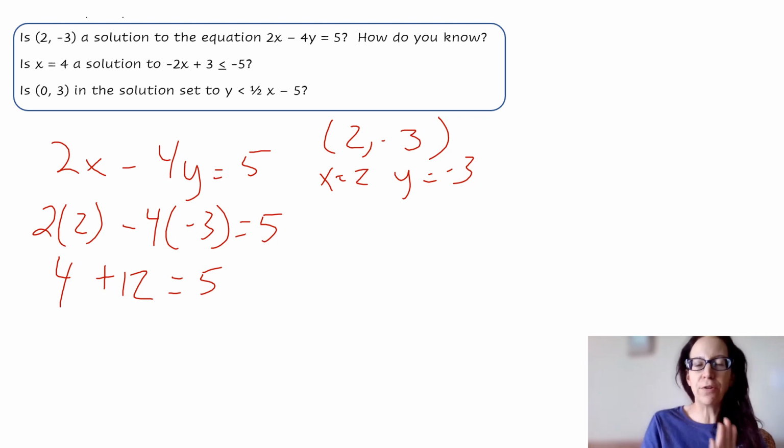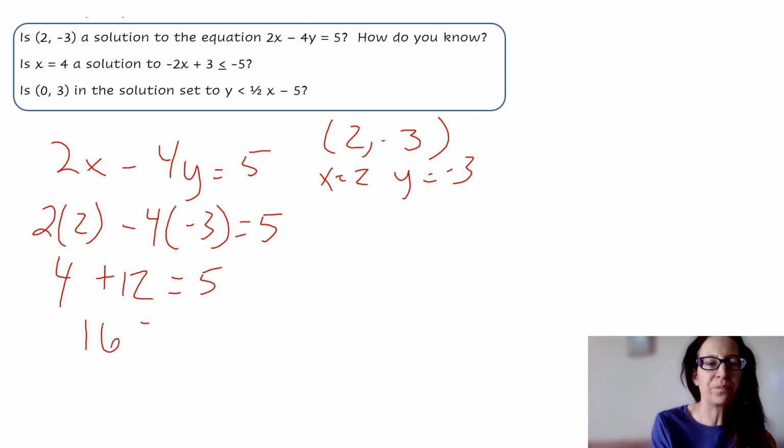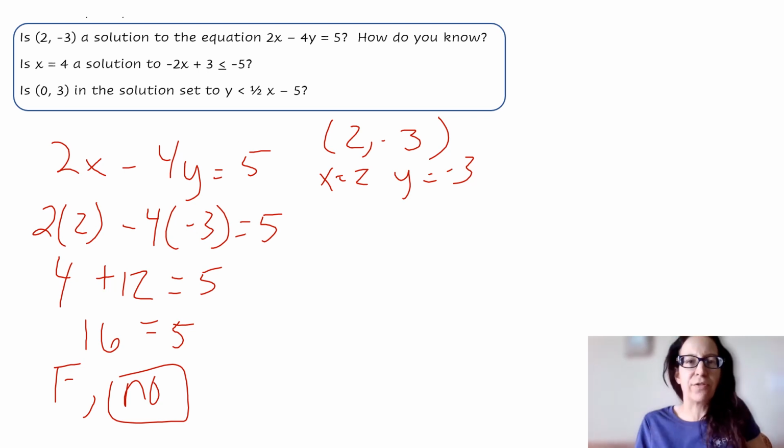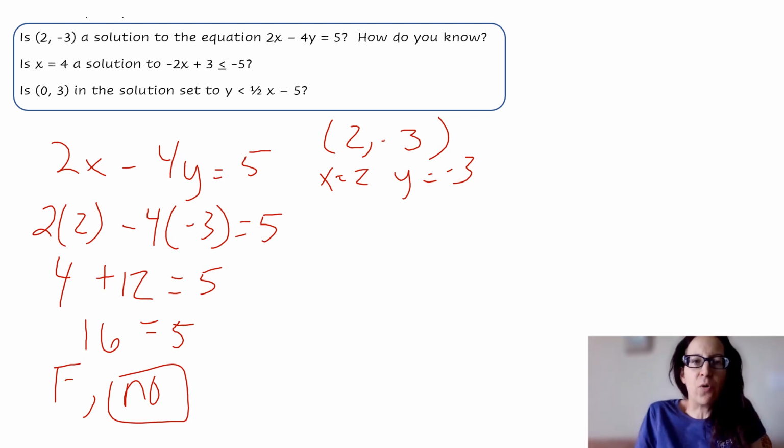At this point, you can probably see this is not going to be a true statement. If I do finish it out, I end up with 16 = 5, which is false. And so the answer to the question is no. Is that point a solution to that equation? The answer is no. How do I know? Because it doesn't make the equation true. Now, that same principle works for inequalities, systems. It works for everything. That's what we're looking for when we're looking for solutions.